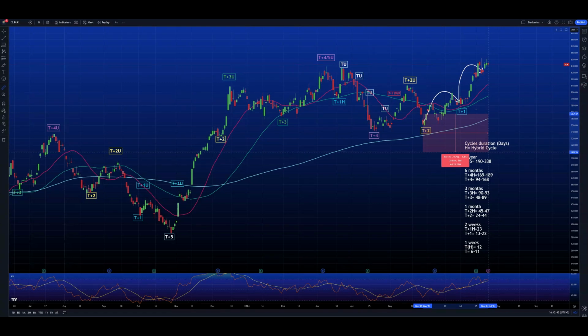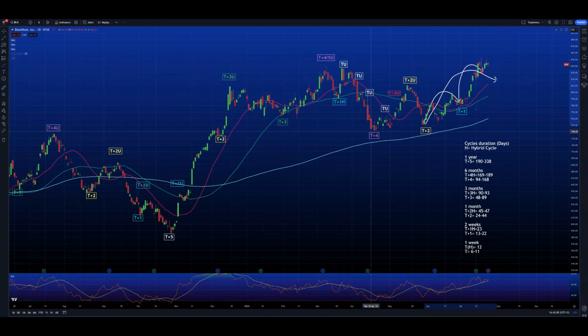At the moment, we are at 38 bars, but we can also stretch the duration until 44 bars, until the 1st of August. So here we might have a second T plus 2 that either has been closed here or can close a little bit more towards the 1st of August.